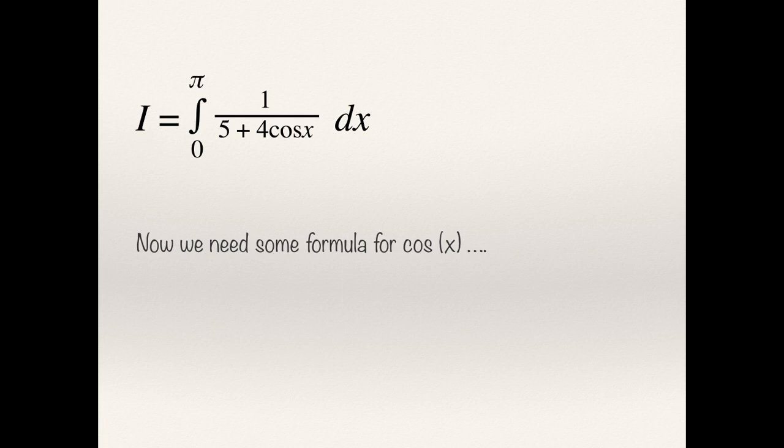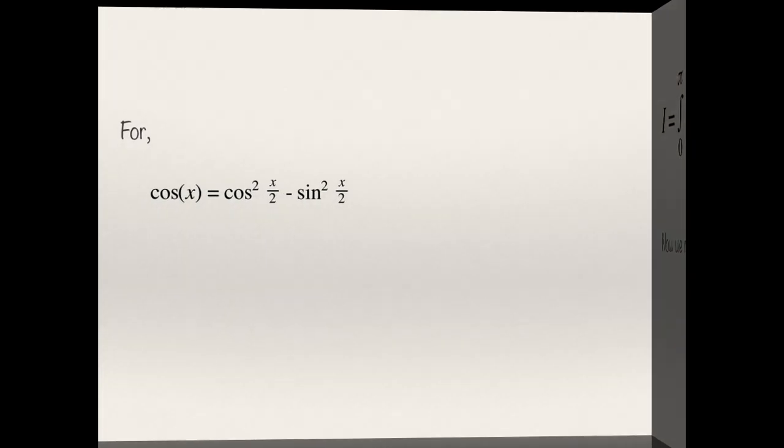So let's go through a simpler equation for cos x. I know for now that cos x is equal to cos squared x by 2 minus sin squared x by 2. Now you might be thinking how this is possible. I will not leave it this way; I will show you the proof of it.